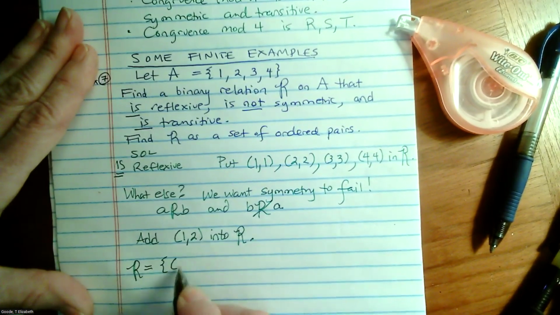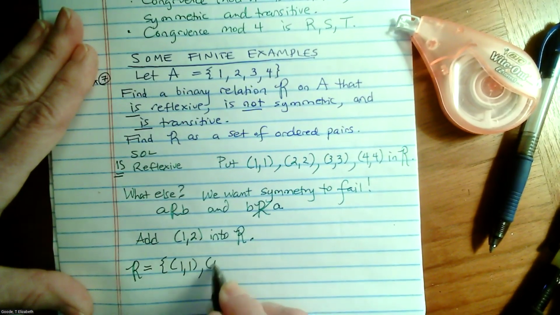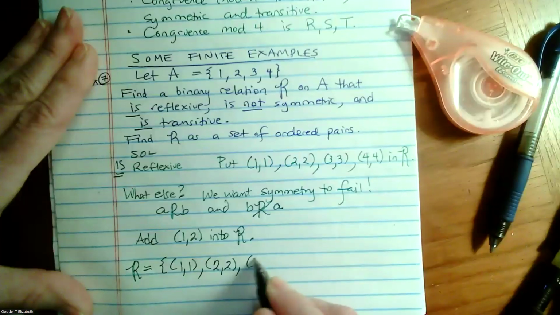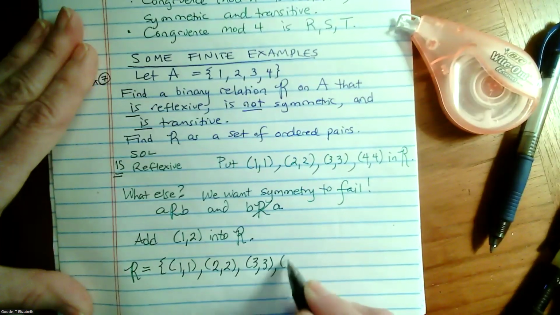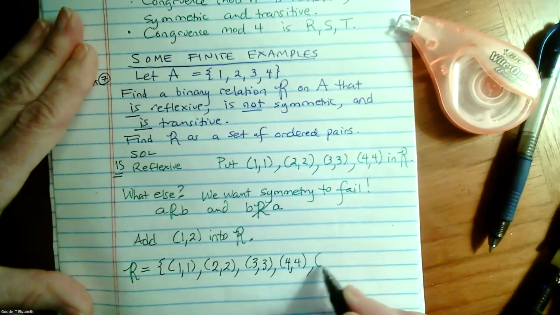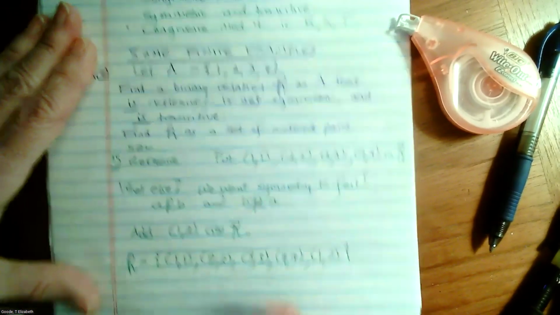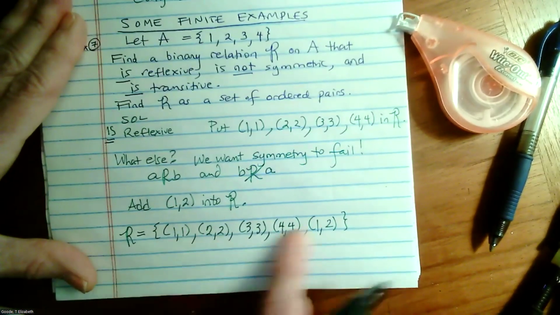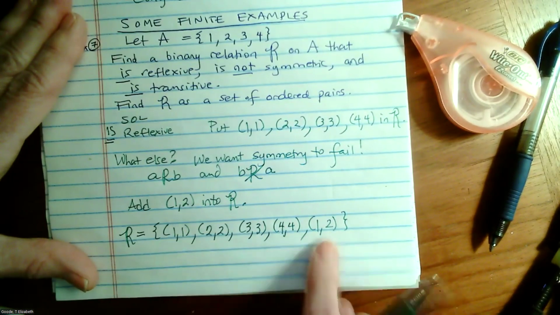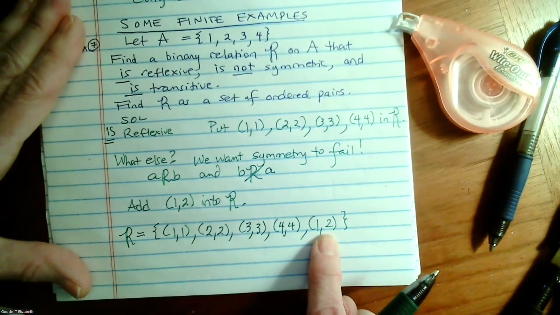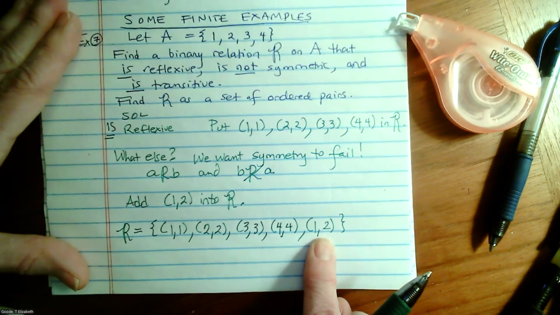And I'm just going to leave you with this thought, and you can check it later. Transitivity is never going to go bad if all you have is 4 reflexive pairs and 1 pair that's not reflexive.